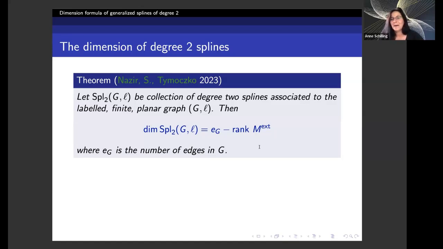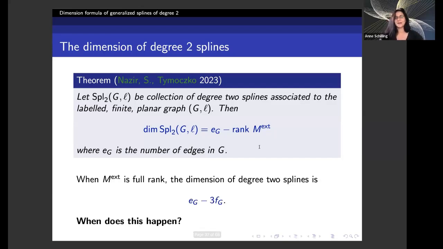Okay, so then what we are going to do now is analyze the rank of this matrix, right? And you can also see that F is the number of faces, and E is the number of edges in my graph.